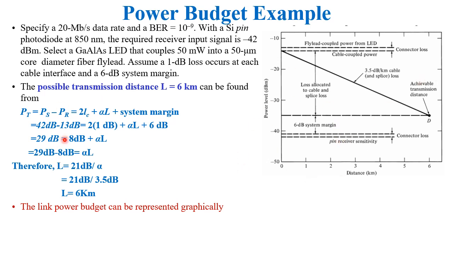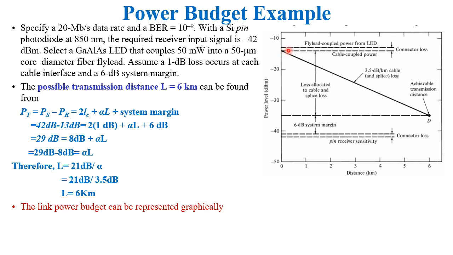By using this formula we can find it. Here 42 dB is the required receiver input. We know that PS is the source power. We can write it as minus 42 dBm, and the receiver sensitivity here is around 13.